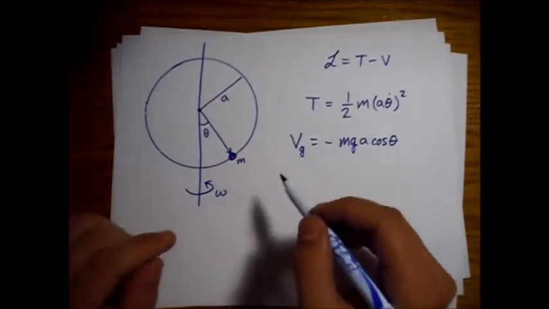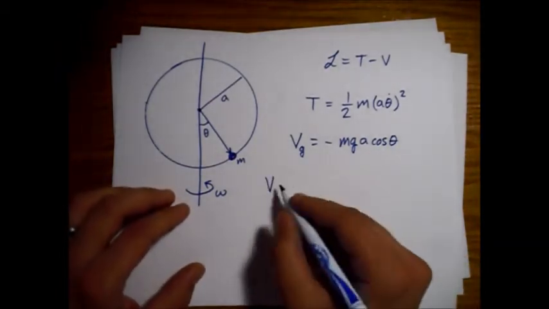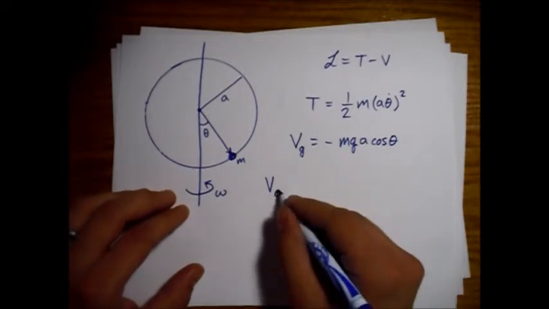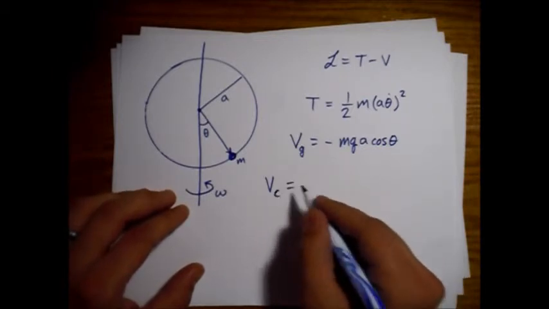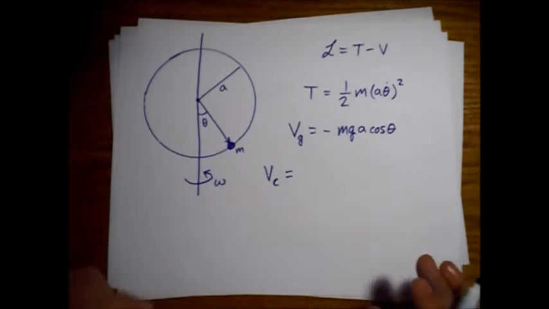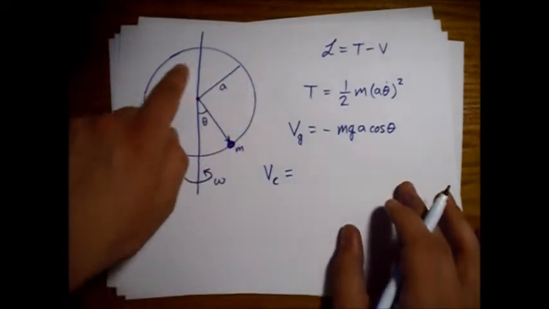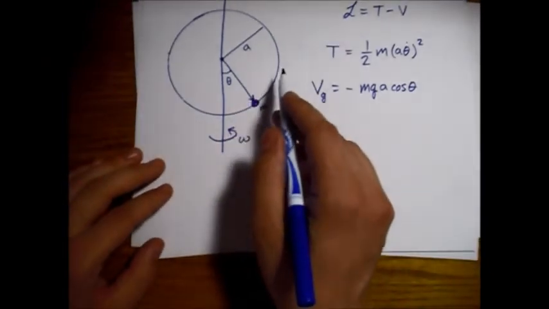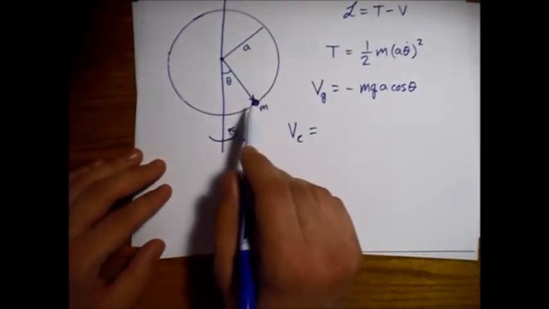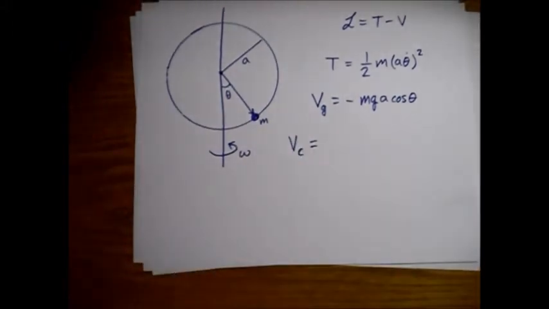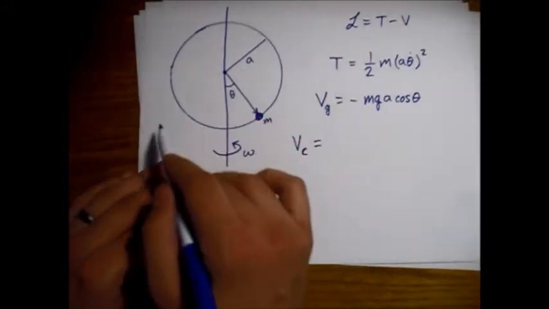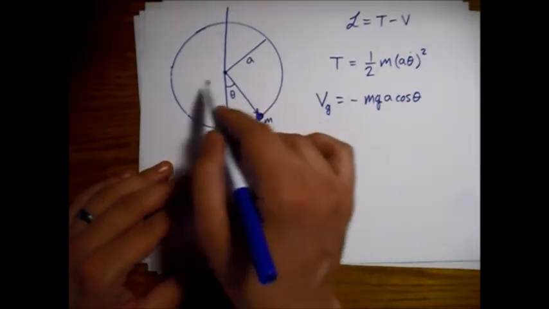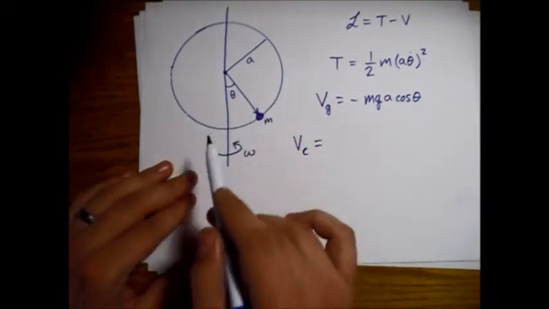Now we need to find what I'll call V sub c, which is the potential energy due to the rotation. If we were to switch back to our fixed frame, we see the bead, if it's in one spot, is just going in a circle.